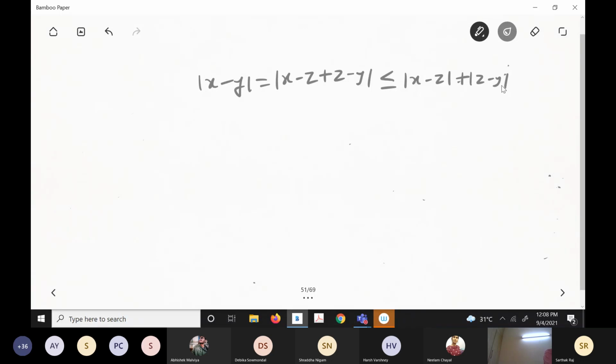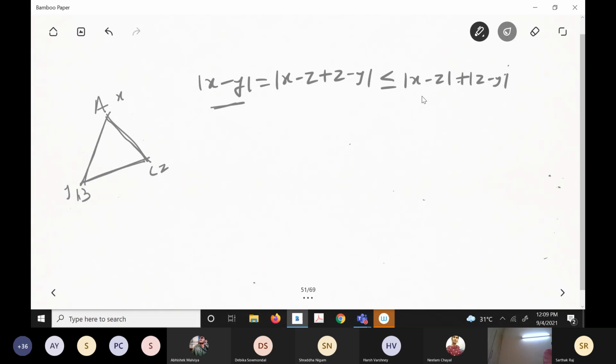Basically, it is called the triangle inequality, because what does the triangle inequality say? Look, if you have A, B, C, that means you can call them x, y, z. It says that this is x minus y, this side, the distance, whereas x minus z is this side, and z minus y is this side.